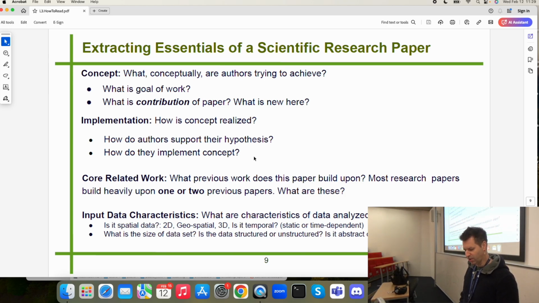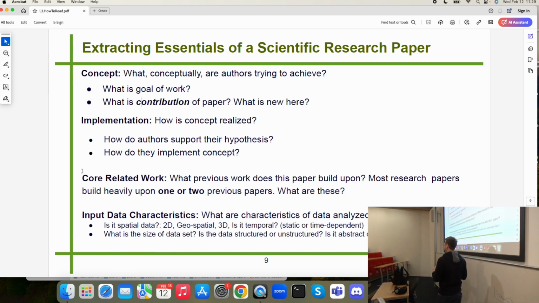Two more essential elements that we're going to extract from each research paper are the core related work. So most research papers, 90 to 99%, have a related work section. And then the question is, out of all those previously related papers, what are the most important ones?